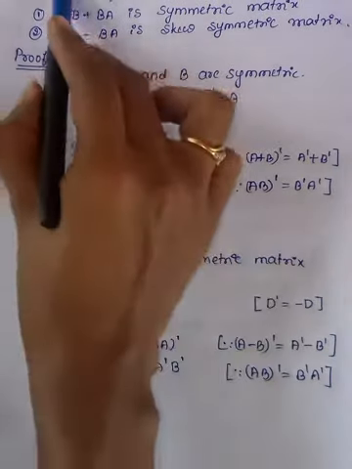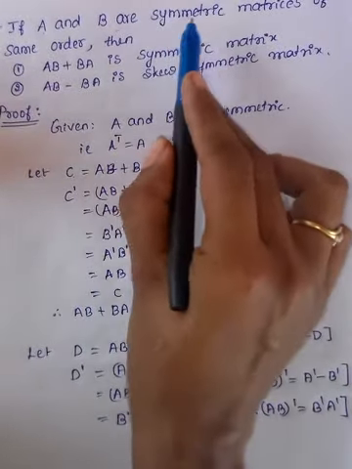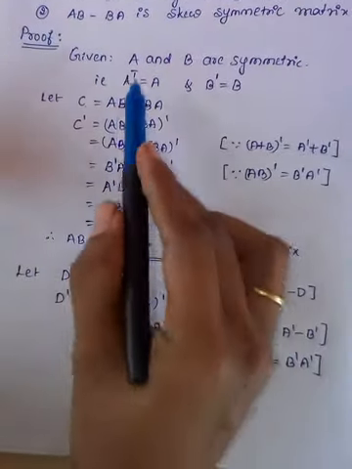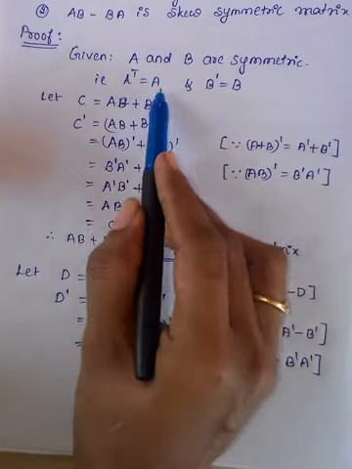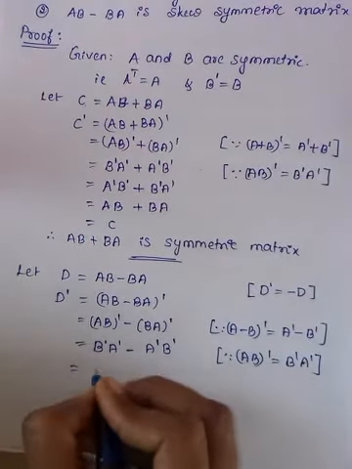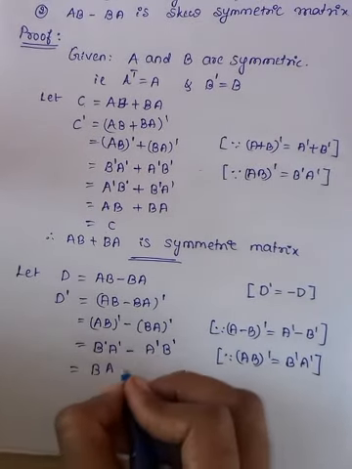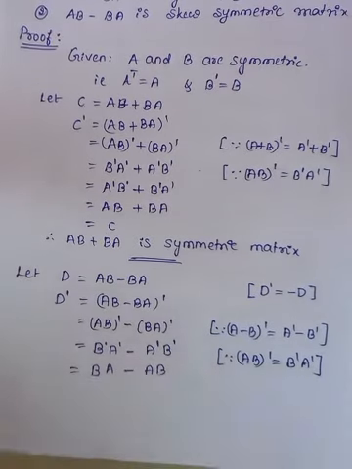Given that A and B are symmetric matrices, A transpose equals A and B transpose equals B. So B transpose is B, A transpose becomes A, giving BA minus AB.